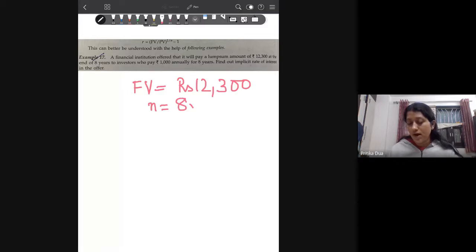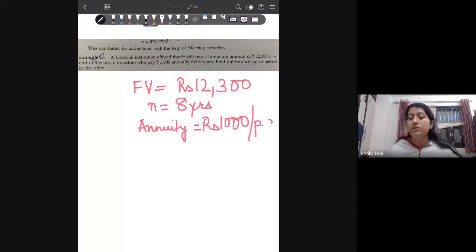So, this amount has been promised at the end of 8 years to people who will be paying an annuity of 1,000 per annum. So, you need to calculate the implicit rate of interest.